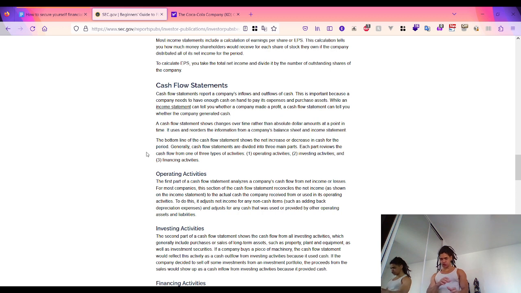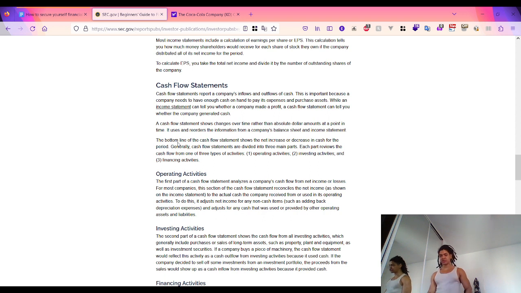While an income statement can tell you whether a company made a profit, a cash flow statement can tell you whether the company generates cash.